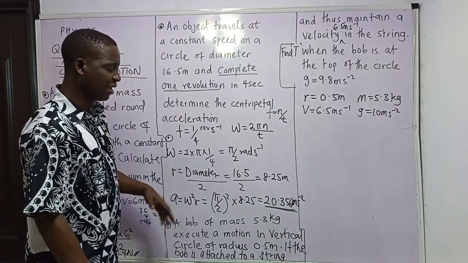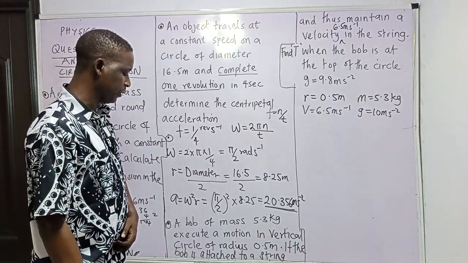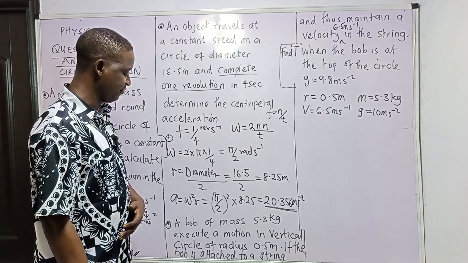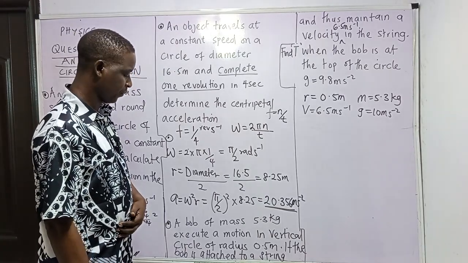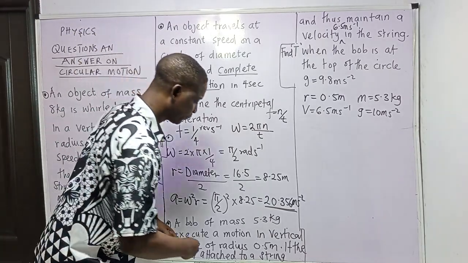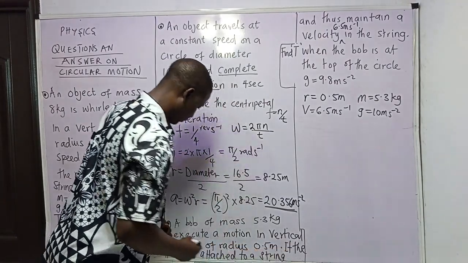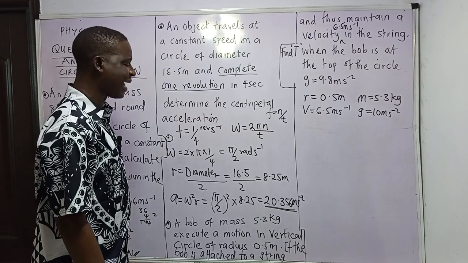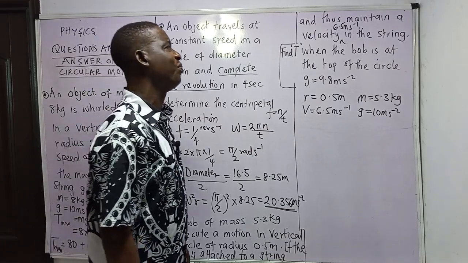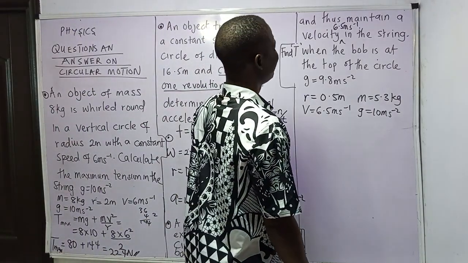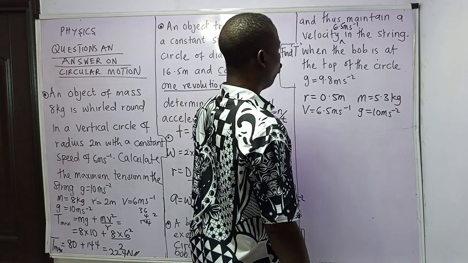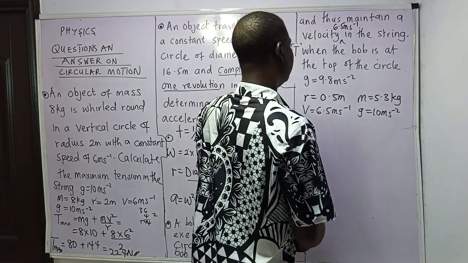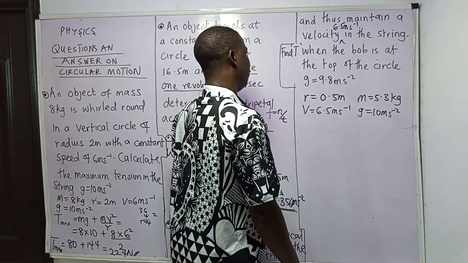So a bulb of mass 5.3 kg executes a motion in a vertical circle of radius 0.5 meter. They said if the bulb is attached to a string and thus maintains a velocity of 6.5 meter per second in the string, find T when the bulb is at the top of the circle.